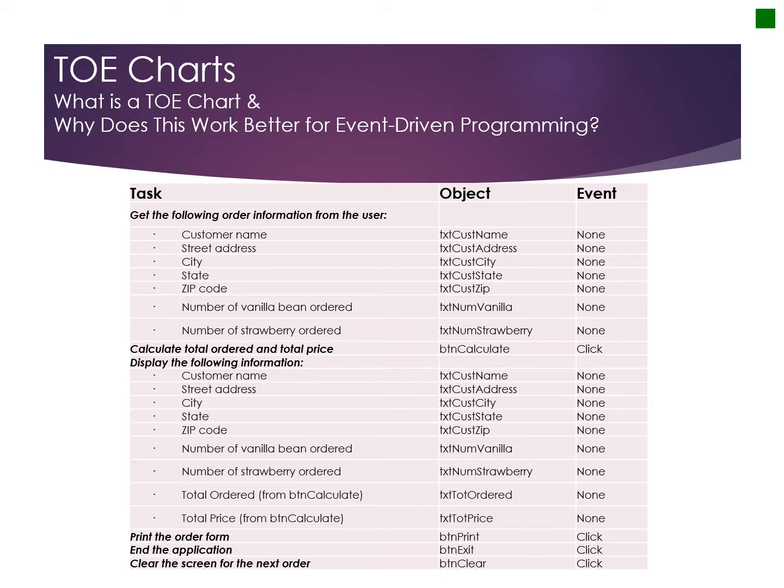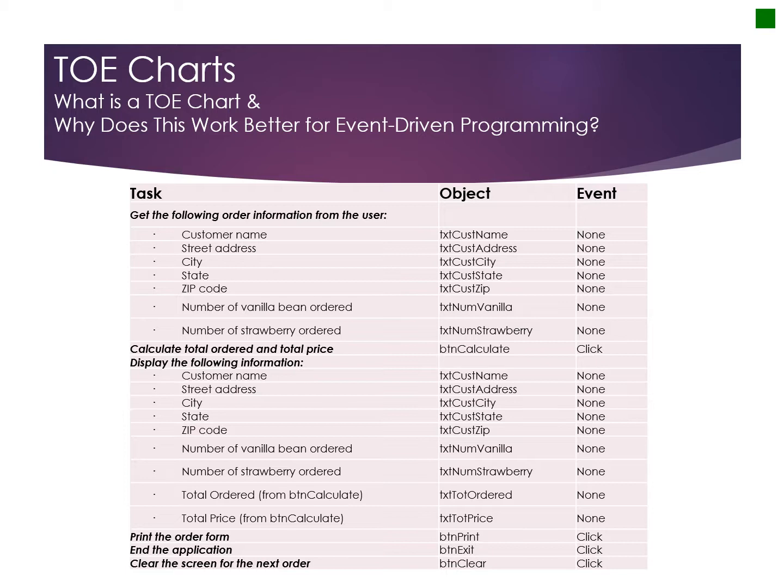Instead, the user is allowed to type into the text box, and the event that causes things to happen will be the calculate button. The calculate button will make things happen when it is the appropriate time. The user will click on calculate, and that will cause the total ordered and total price values to be calculated and displayed. And so those are using inputs from the vanilla and strawberry order entry text boxes.